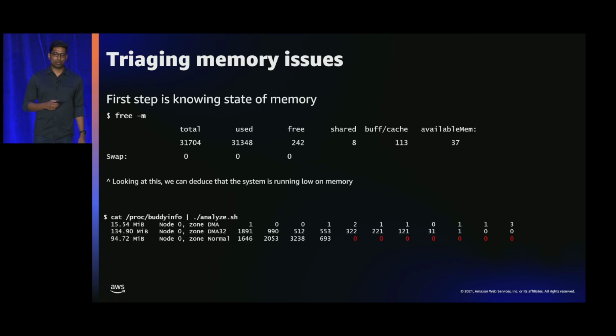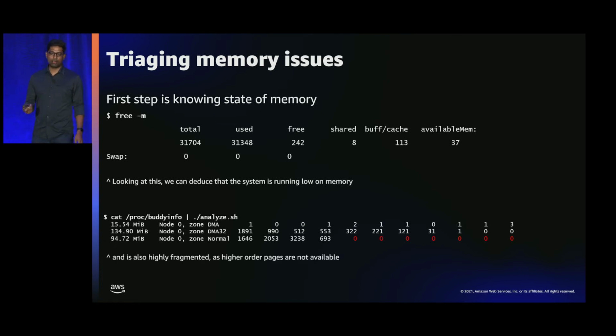The next thing we looked at is the proc buddyinfo available in procfs. On the bottommost line, you can see that the normal zone has about 100 MB of memory, but for the higher order pages, starting from order 4 and above, everything is 0. This tells us the system is heavily fragmented, and that was the reason the previous allocation failed in the first place.